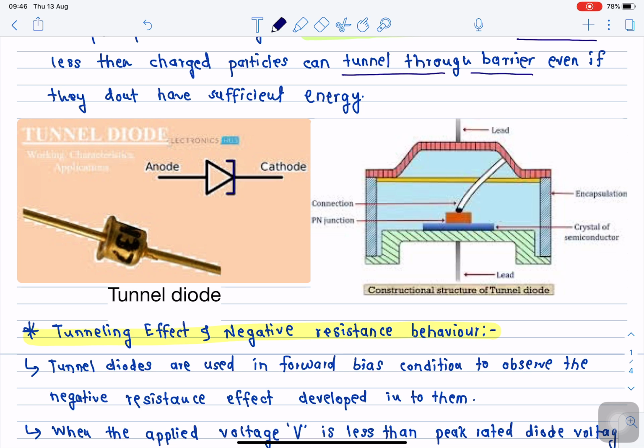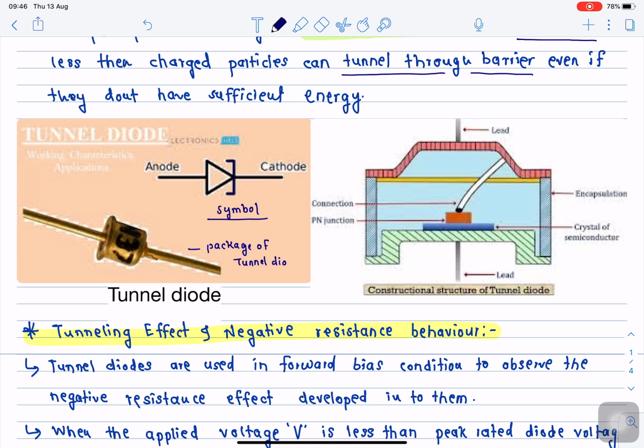So this is a typical symbol over here. Symbolically, the tunnel diodes are represented by a bent bar in front of a diode symbol, and this is a typical package of a tunnel diode. You can see how it looks.